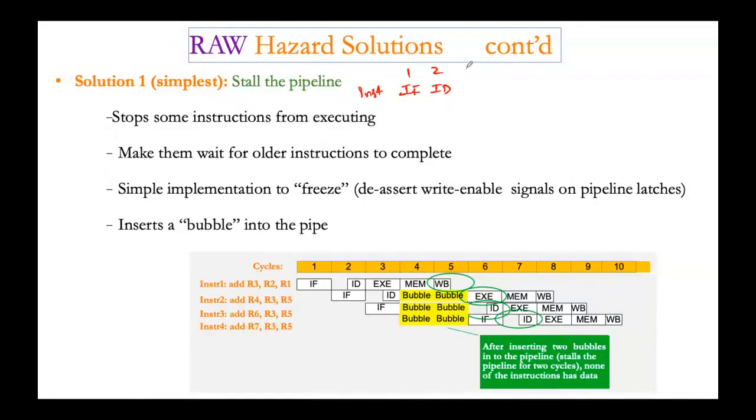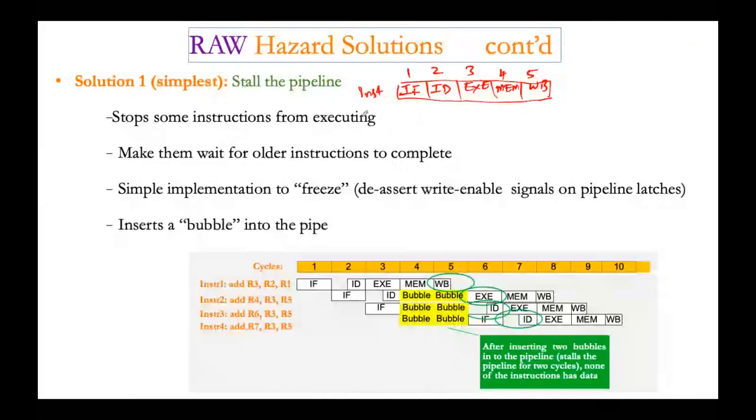In the third cycle, it will execute, and in the fourth cycle, the memory access will happen. In the fifth cycle, it goes for write back. These stages happen with instruction 1.